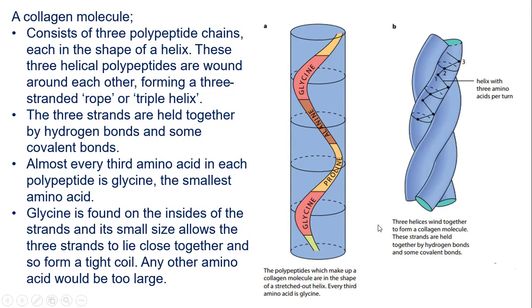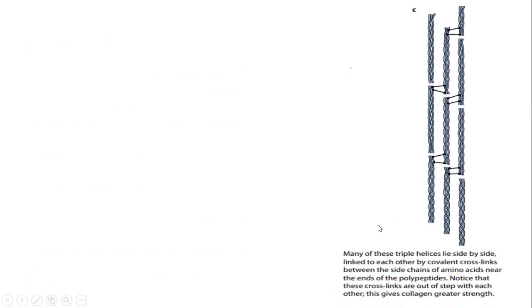Now, usually we can have these collagen molecules. Remember, this is one collagen molecule, another collagen molecule, and another collagen molecule. They can lie parallel to each other and form what we call microfibrils or collagen fibrils.